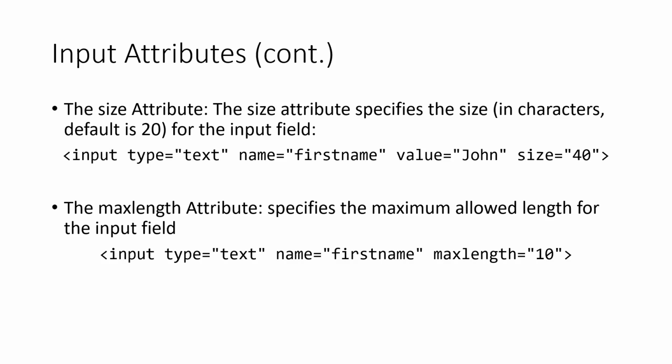So again, very important, specify size. Then the maxlength attribute. We can use this for the maximum allowed length of an input field. So for example, for first name, we limit it to 10. That's okay.